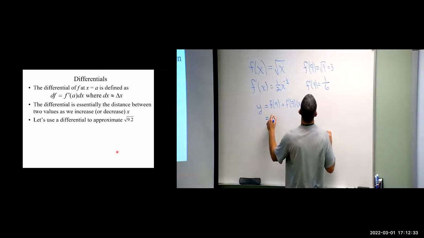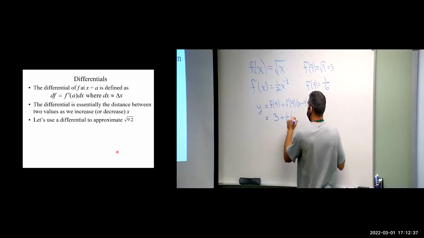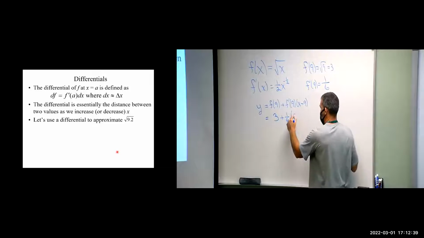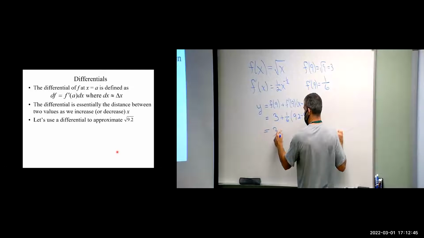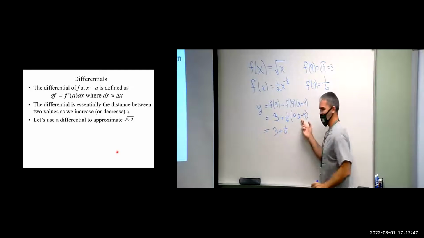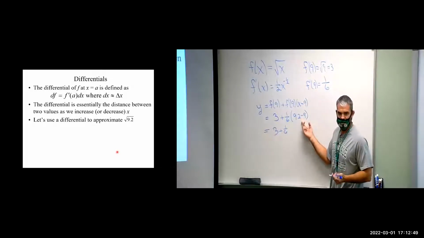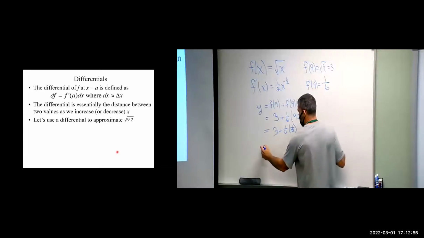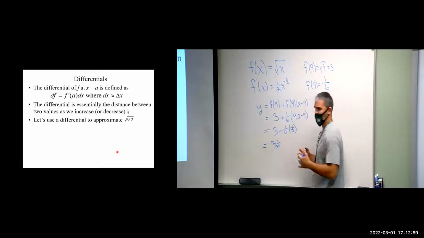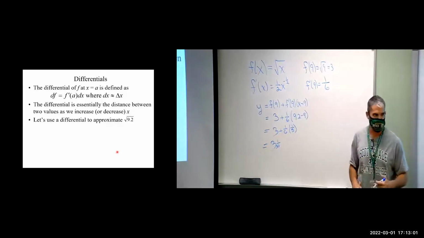So we've got 3 plus 1/6 times (9.2 minus 9). This leaves us with 0.2, which is 1/5. I'm just going to keep the whole thing in fractions. And this thing comes out to be 3 1/30. So it's an approximation for the square root of 9.2.